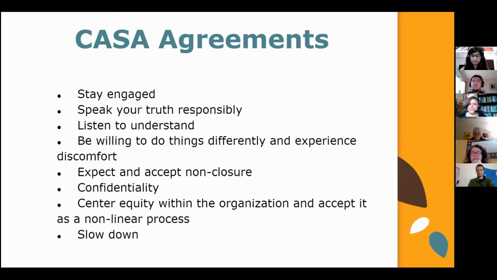These agreements are one way that we recenter ourselves and remind ourselves of the commitments that we have to one another. If anyone wants to add more agreements for this session, certainly feel free to put them in the chat. If anyone disagrees with any of these agreements, or does not want to practice these here, feel free to put that in the chat as well. But we do like to have some ideas about how we're going to engage together.